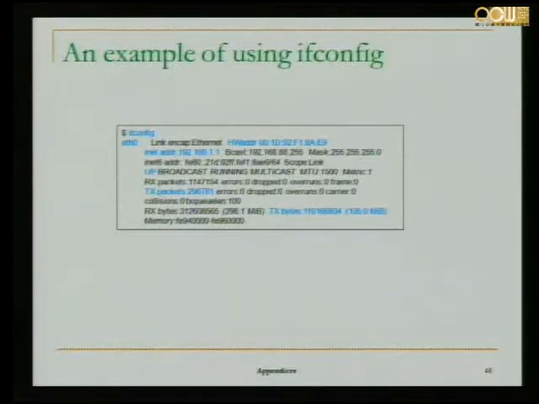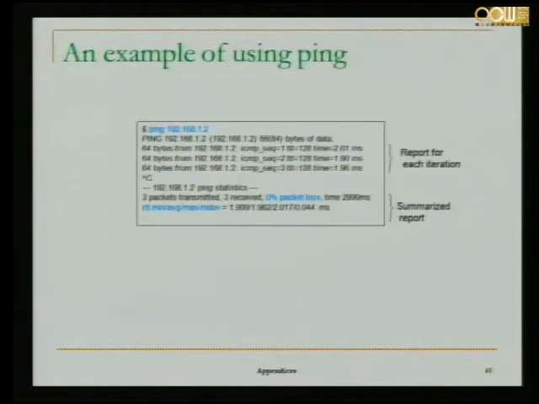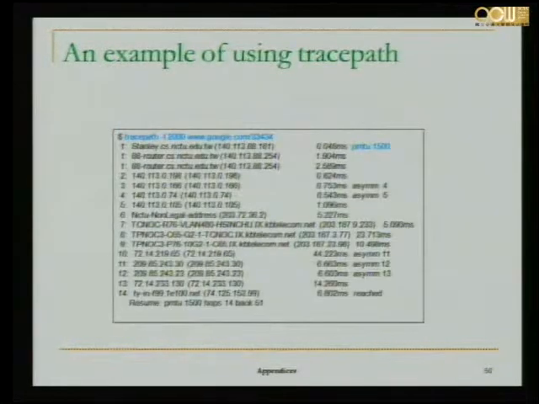You check your own configuration. Okay, ping is a tool to probe the internet, to probe the target machine. You want to probe the target machine to see if it's still alive, and the response time, the round trip time from me to that target machine, then you use ping.